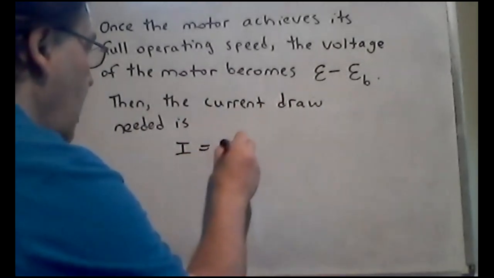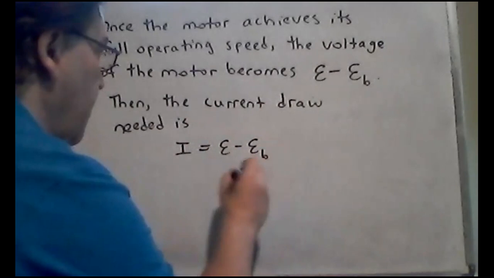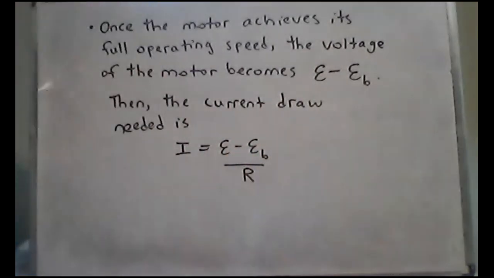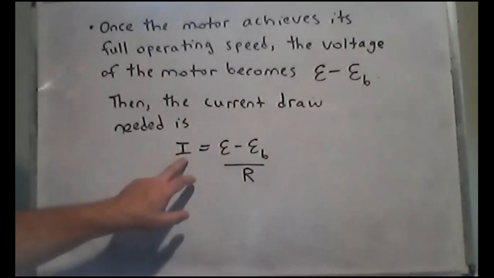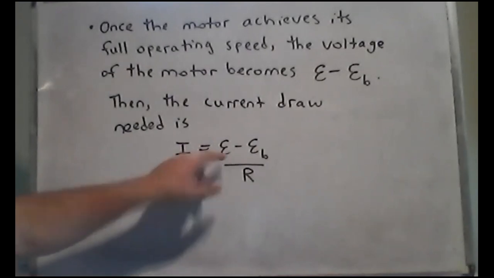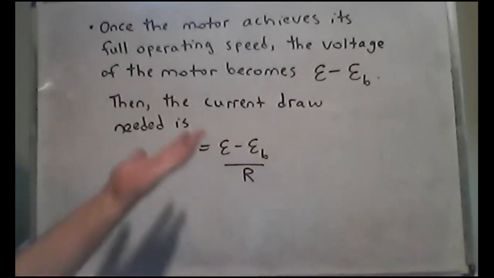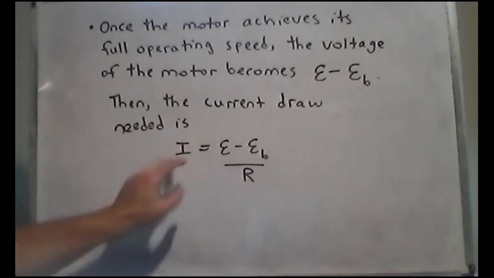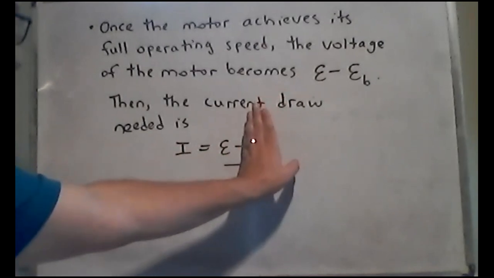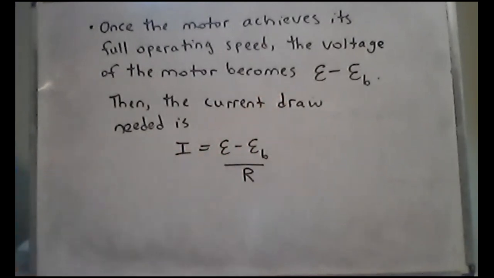That's going to be epsilon minus epsilon sub back EMF divided by R. Now, this is a much more normal sized current. This is the current that the fully operating motor is requiring. The epsilon could be maybe 120 volts, epsilon B might be 100 volts. So it's drawing a much smaller current than initially. You take away the back EMF, now you have epsilon over R, now you have a large current. The I naught is a large current.